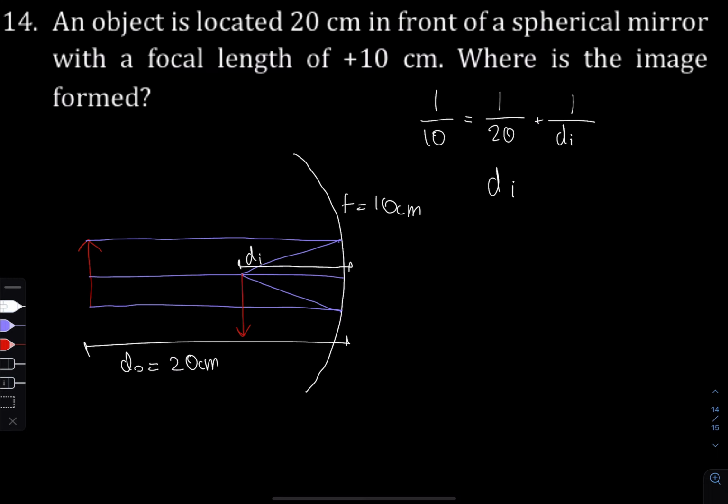The distance of the image is 20 centimeters. Does that make any sense? Yeah, so this should be right here. It should be drawn differently, but the distance of the image is 20 centimeters, same as the object.